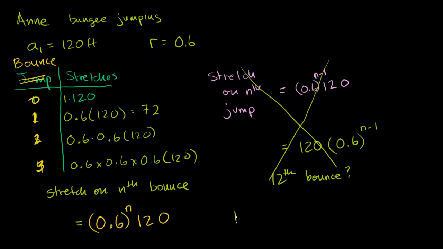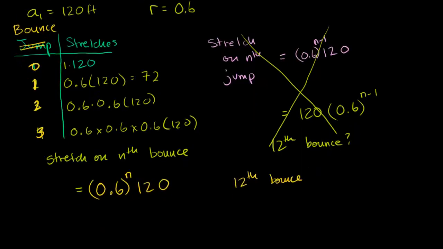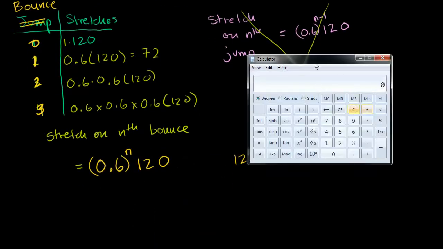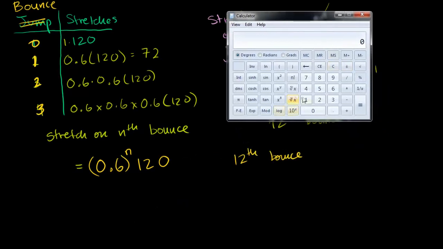So what about the 12th bounce? Using this convention right there, let's just get our calculator out. We're going to have 120 times 0.6 to the 12th power.